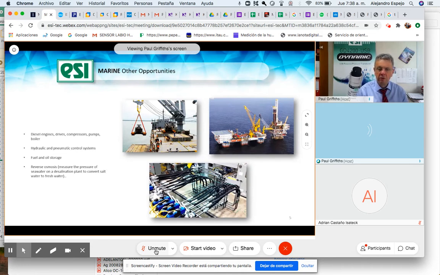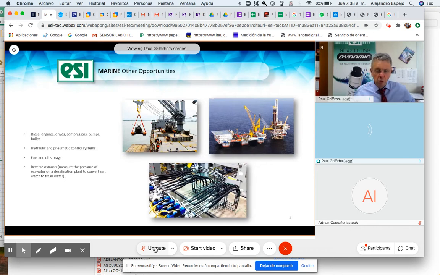So they are filtration companies. They have contracts directly with shipbuilders, companies who install equipment onto ships. So it's shipping companies, but also shipping subcontractors who do the installation. But mostly we supply the manufacturers.